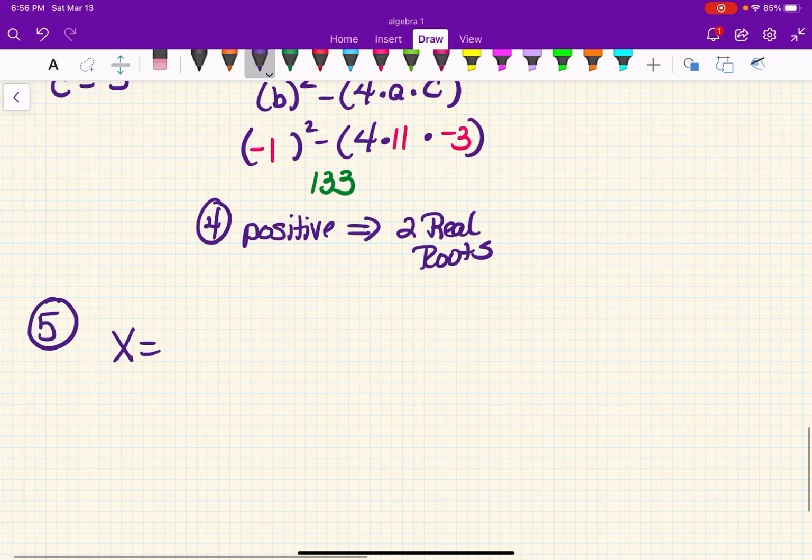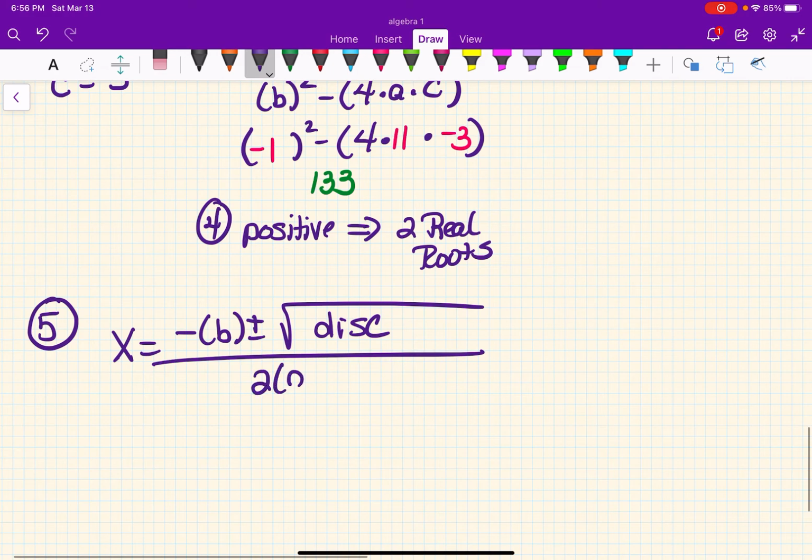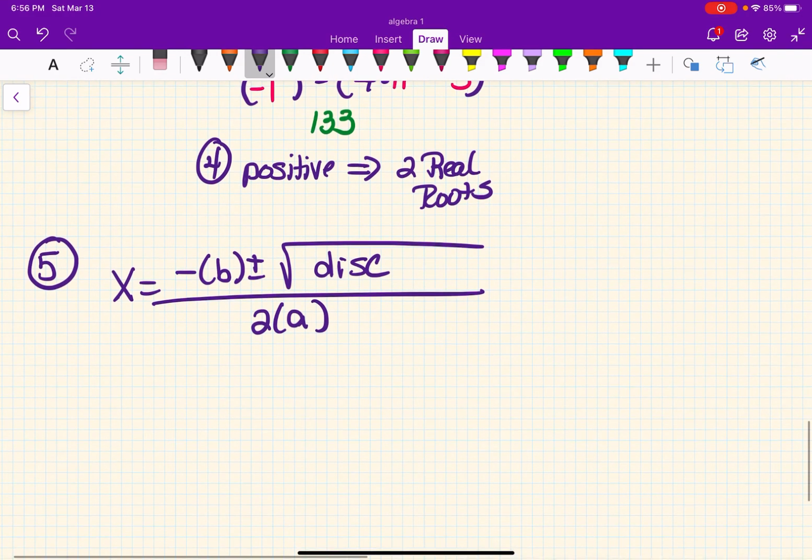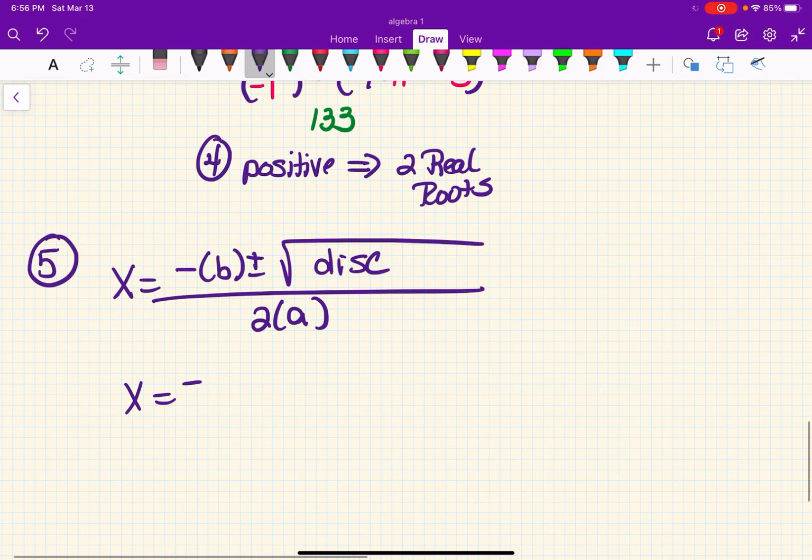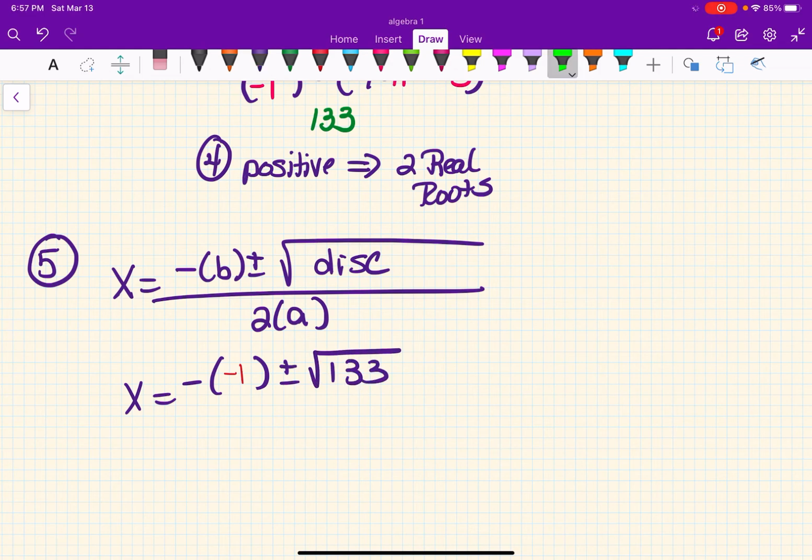X equals negative b plus or minus square root of the discriminant, because we already know that, over 2a. And step 5 is to do all our substitutions. So again, x equals negative, and b in this case was negative 1, plus or minus the discriminant, which we found out was 133. Remember right here, 133. And then all over 2a.